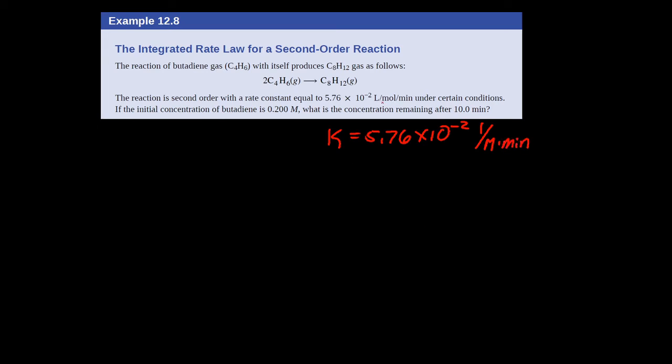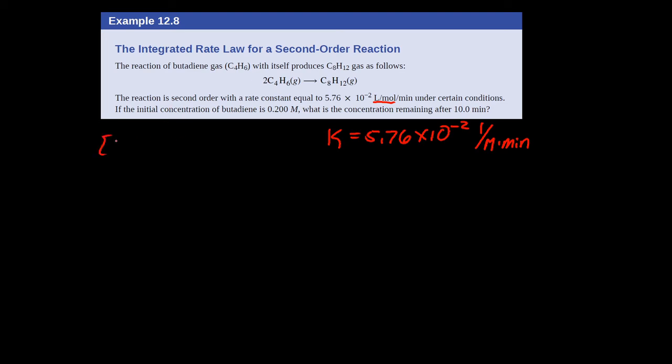Again, I'm kind of confused as to why they insist on showing the unit of molar separated out. But it is 1 over molar minutes under certain conditions. If the initial concentration of butadiene is 0.2 molar, what is the concentration remaining after 10 minutes?